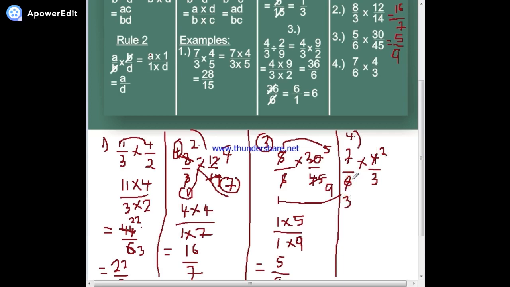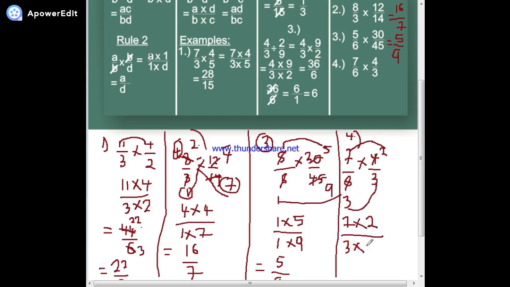So what we have left is 7 and 2, that is 7 times 2, over this denominator, 3 times 3.